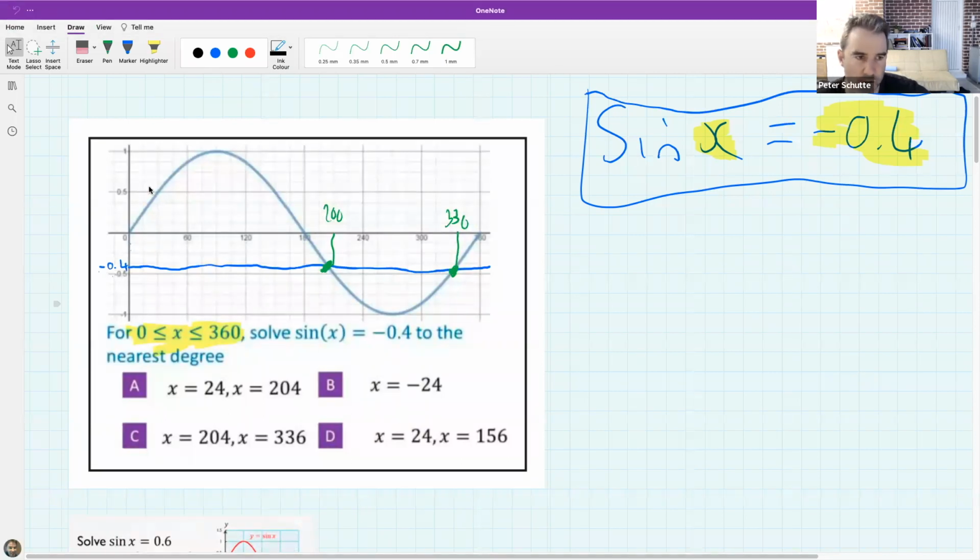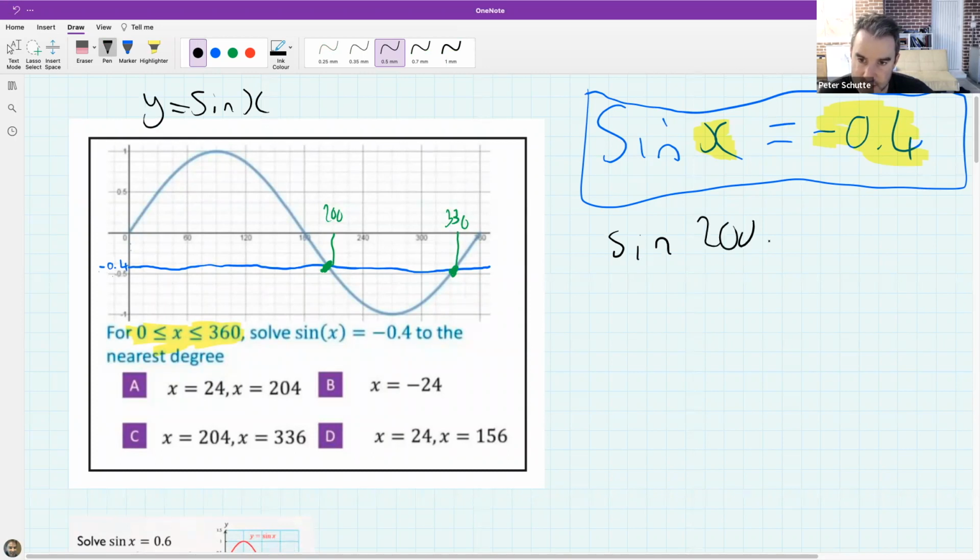All I'm trying to answer is this: this graph is the graph of y equals sine x, and it can help me find the solutions to the equation. If I put 200 in here, I get minus 0.34. So I know that 200 isn't the correct answer, but it's close.